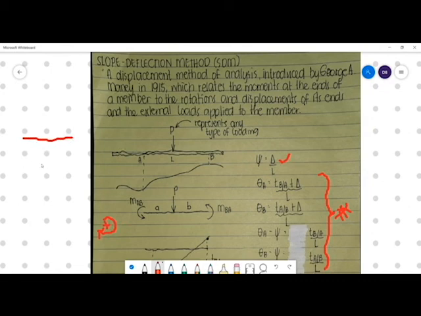Yung sinusunod nating sign convention for bending moment usually pagka nasa support na tayo with respect to the certain point. So let's say dito sa point A, meron tayong maliit na distance going from the left of A and from the right of A, let's say this one, no. Meron tayong moment na clockwise and then meron tayong moment na counterclockwise.